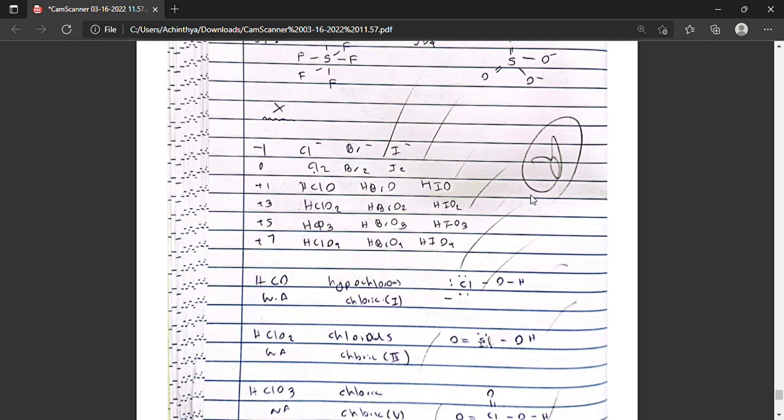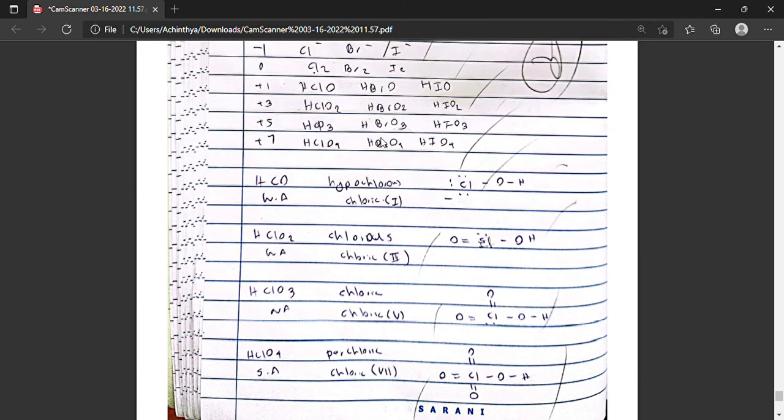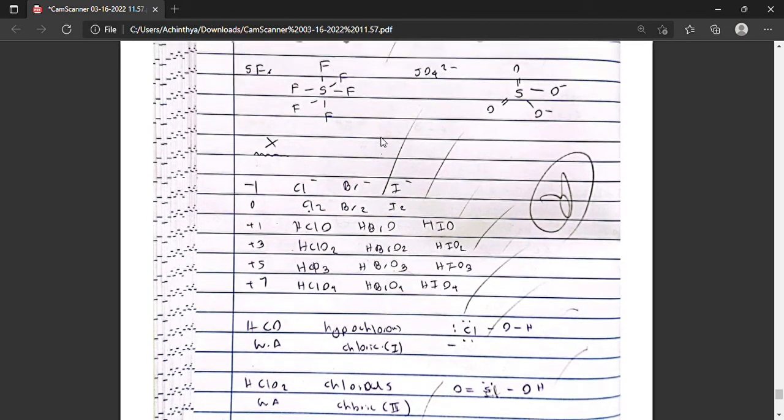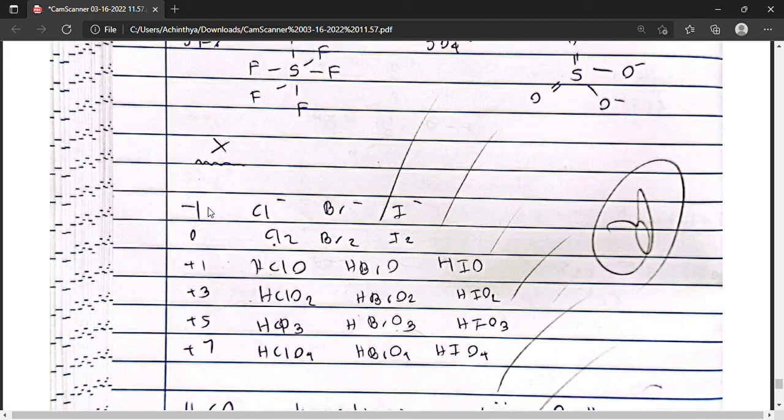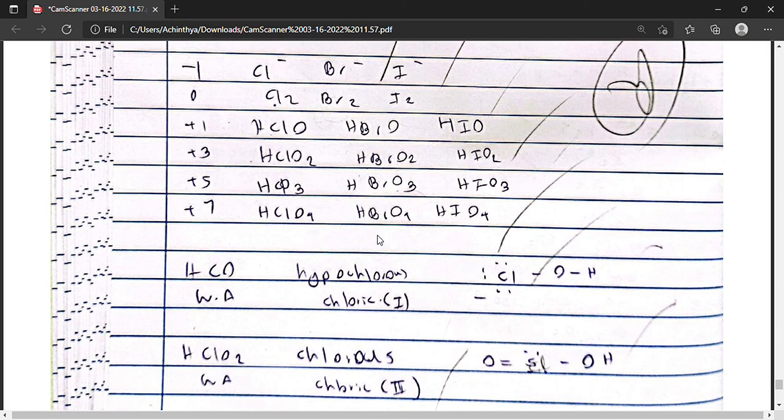And we can go to the oxidation states of the halogens. So basically they exist in -1 oxidation state in chloride, bromide, iodide, as 0 state in the diatomic gases, and it exists in these various oxidation states as different oxoacids.